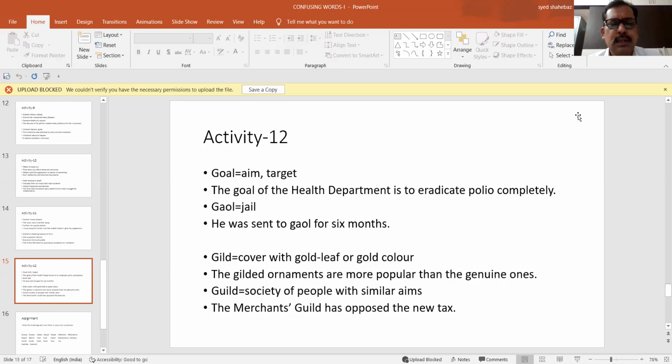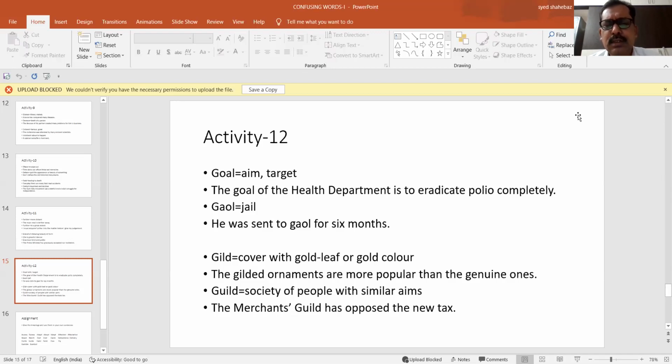Next, guild. The first one spelling is G-I-L-D, gild. The second one spelling is G-U-I-L-D, guild. The first word meaning is cover with gold leaf or gold color. Something covered with gold plate, gold leaf, or thin gold ornament.